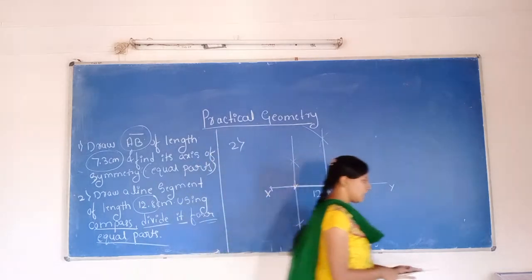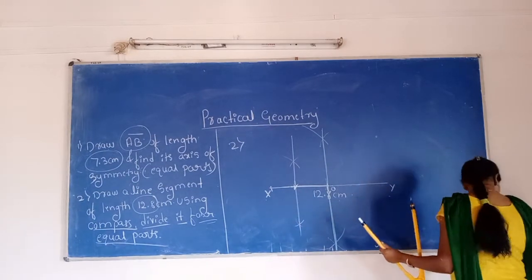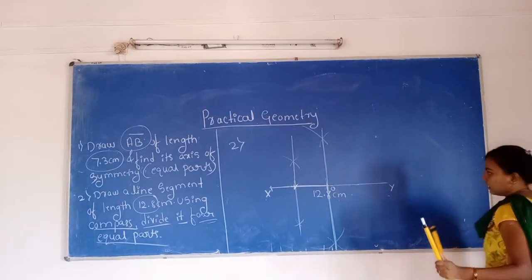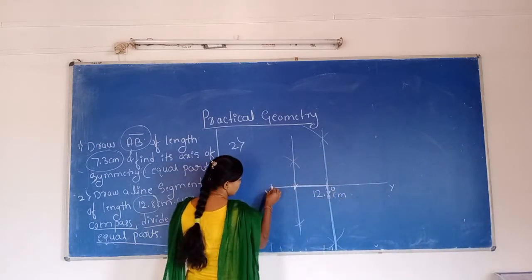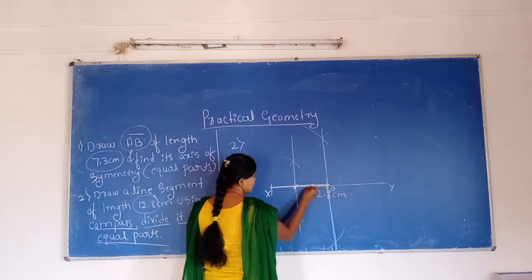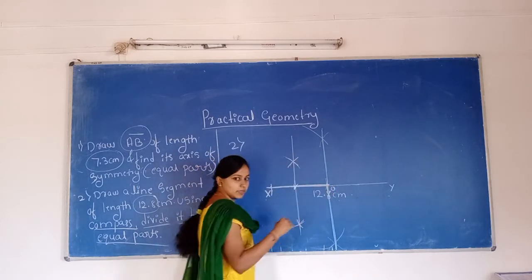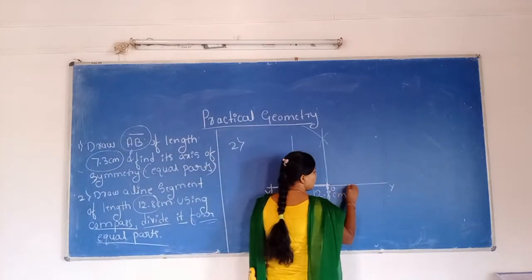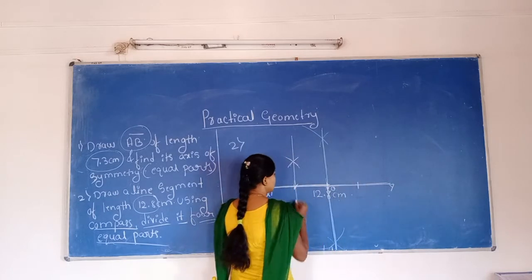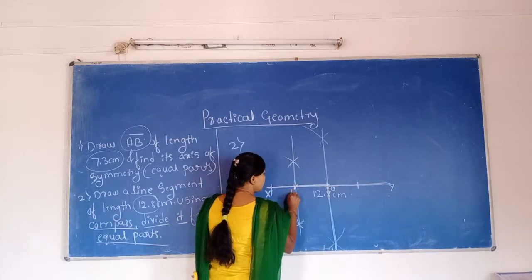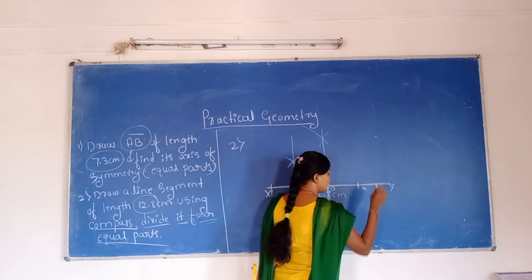Next again, using your compass from this side, we did this side, now X and O was there. Taking more than half of it, we cut here. Same process for O and Y. For O and Y you have to mark the center point and name it the P point, and this one is the Q point.